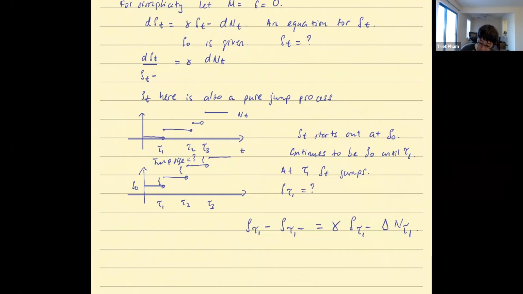Now, let's go with it. So what is S tau 1 minus? What's the value of the stock just right before the jump? It will be S0. Correct. So you get S tau 1 is S0 times 1 plus gamma.